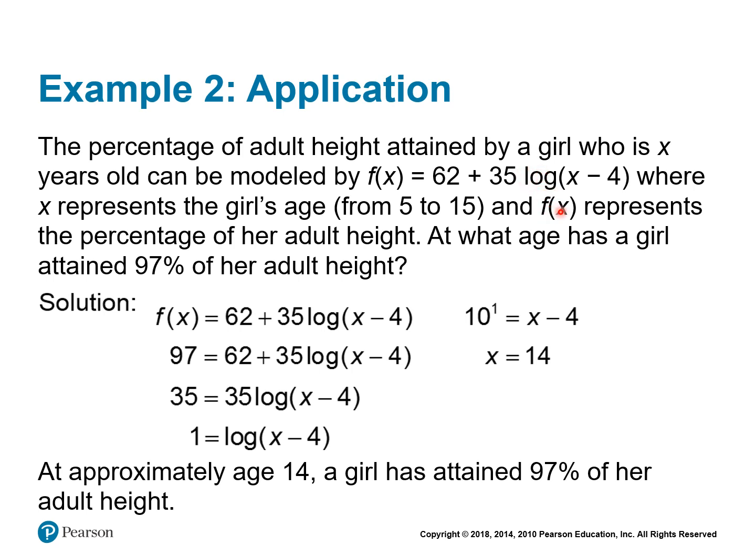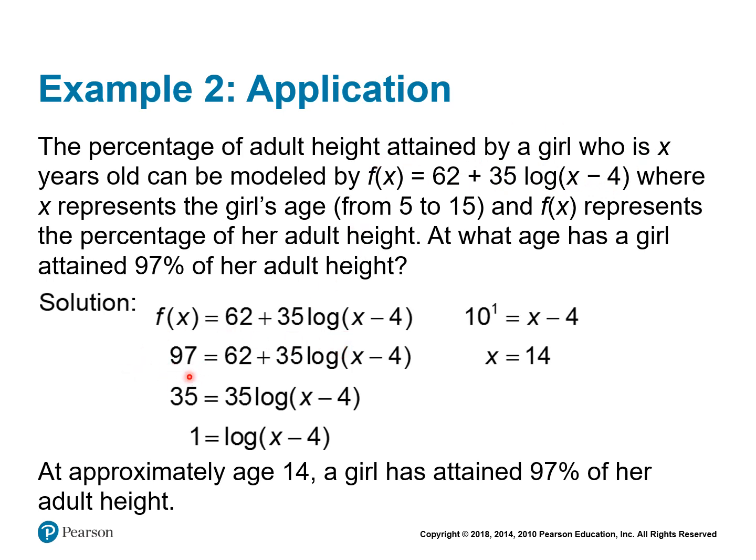All right. The question gives us a specific percentage. It says, at what age has a girl attained 97% of her adult height? So let's see how we go about solving this. It says f of x equals 62 plus 35 times log of x minus 4. That's something we just wrote from the question itself. It's given in the question, all right? So this is just using that same formula.